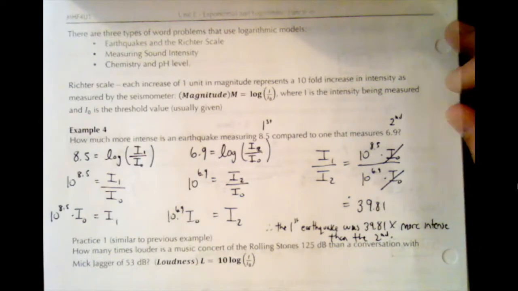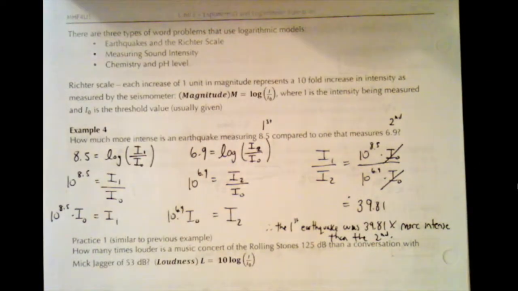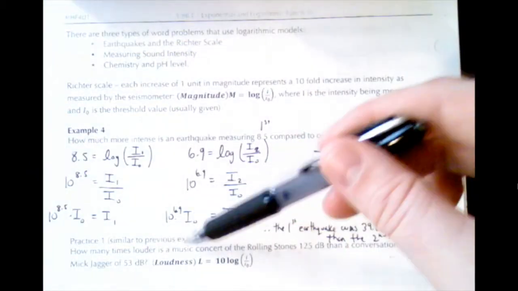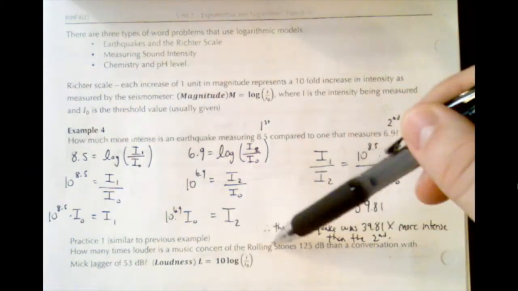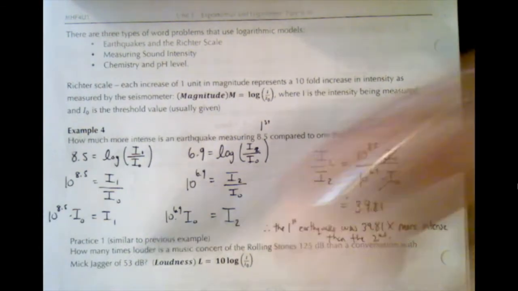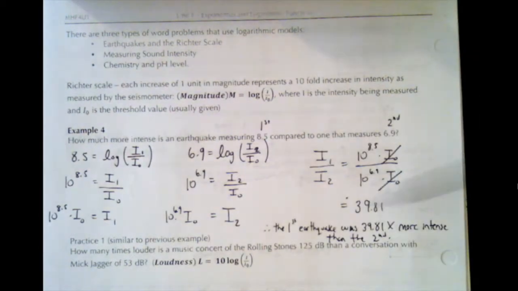There's a practice here that you might choose to do, and then check your answer on the Moodle solution page. It's comparing how many times louder is a music concert with the Rolling Stones than a conversation with Mick Jagger. So there you go. And you can see how much more intense the Rolling Stones concert would be than just a typical conversation.